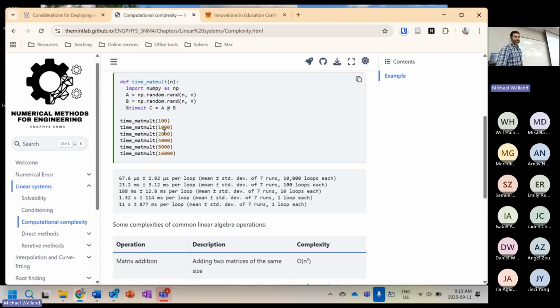When you double that, because it's n cubed, 2 to the power of 3 is 8, right? Not bad, actually. The difference between that and that, I could see that as a factor of 8. You do this again, what's that, 0.2, and you get up to 1.32. Is that a factor of 8?